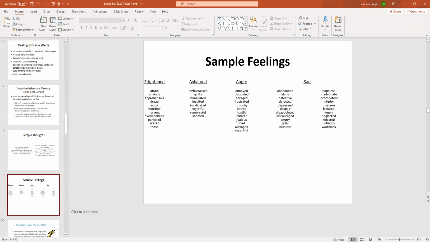All right, here are some sample feelings. And students don't even know how they feel. Let's see, how do I feel this morning? I don't know. Does anybody see an adjective that addresses how they feel?